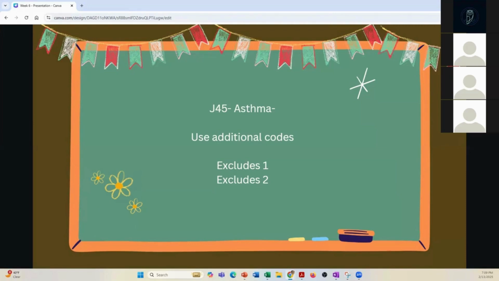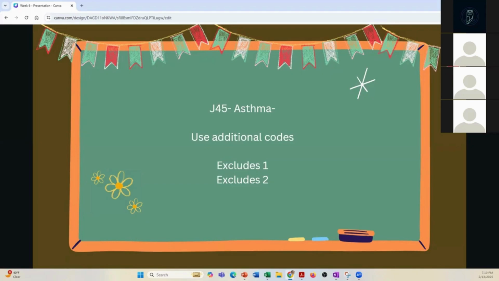Does anyone remember what an Excludes1 is? An Excludes1 is basically telling you that whatever is in the Excludes1 cannot be coded with the other codes in the series if that's what you were coding.